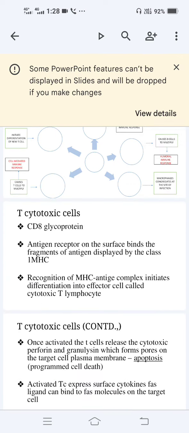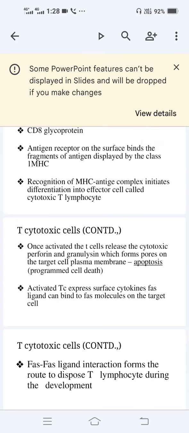T cytotoxic cells. CD8 glycoprotein and antigen receptors on the surface bind to the fragments of antigen displayed by class 1 MHC. Recognition of the MHC antigen complex initiates differentiation into effector cells called cytotoxic T lymphocytes. Once activated, T cells release cytotoxic perforin and granulysin, which form pores on the target cell plasma membrane and lead to apoptosis, also called programmed cell death.